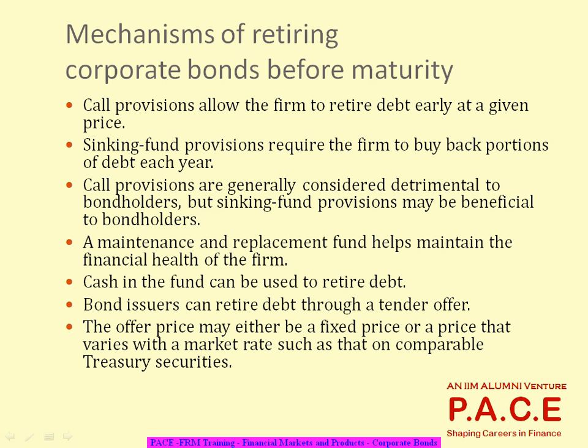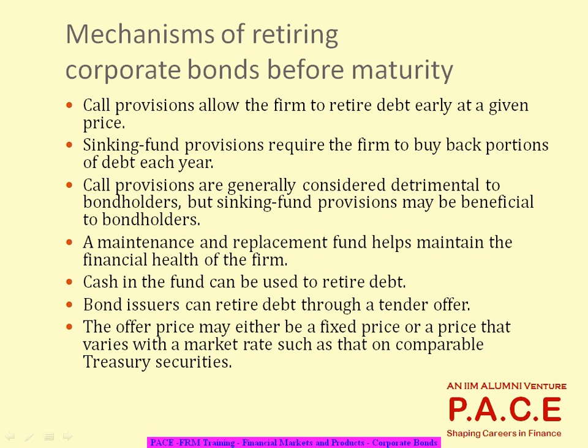Because 4-5 years back, the interest rates were pretty low, so there was no way the interest rate could go even lower. There was no point in going for a call option, so the companies did not include any call option in their bonds. Whereas now the interest rates have been high in the last 1-2 years, and there is a good chance that they will go down. So they started putting the call option on the bond.